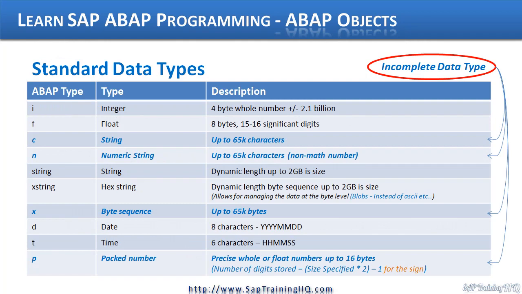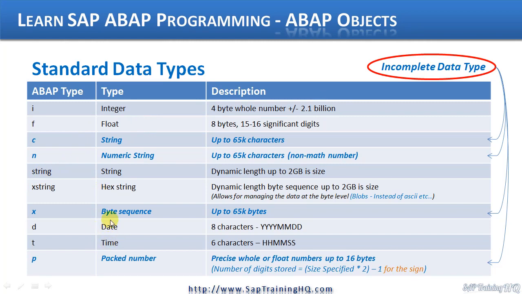So here you can see a table of the different data types that we use in ABAP. We start with the integer, and you can see that's a 4-byte whole number, and it goes up to 2.1 billion. Then we have a float. We have string, xstring, date, and time.